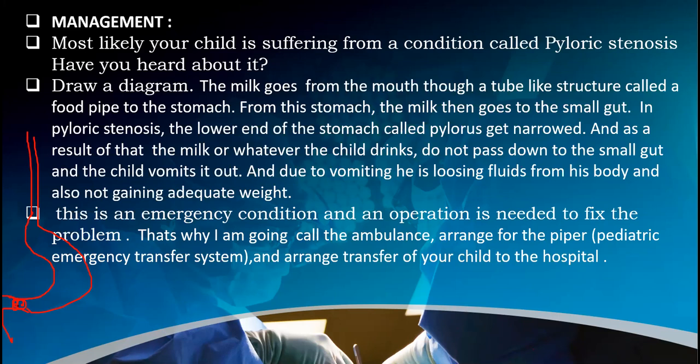As a result, the milk or whatever your child is drinking cannot pass down to the small gut, and then the child vomits it out. Due to vomiting, he is losing fluid and salt and minerals from the body, and he is not gaining adequate body weight. This is an emergency condition, and most of the time an operation is needed to fix the problem.